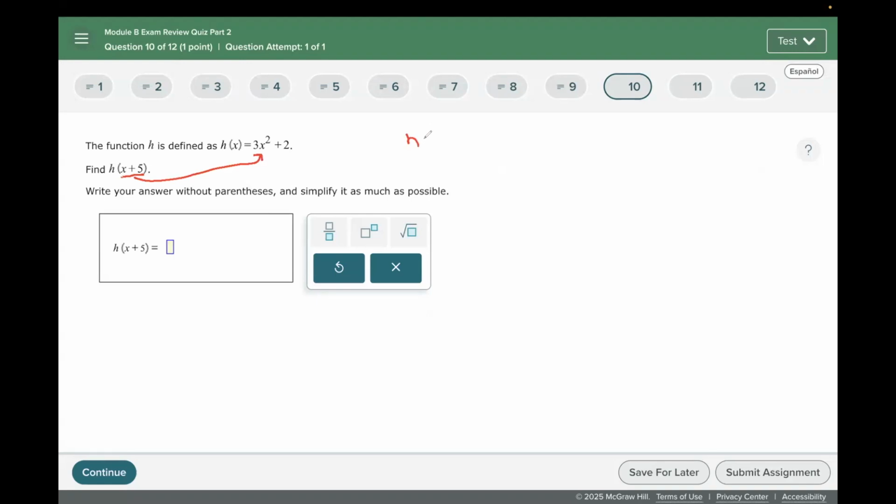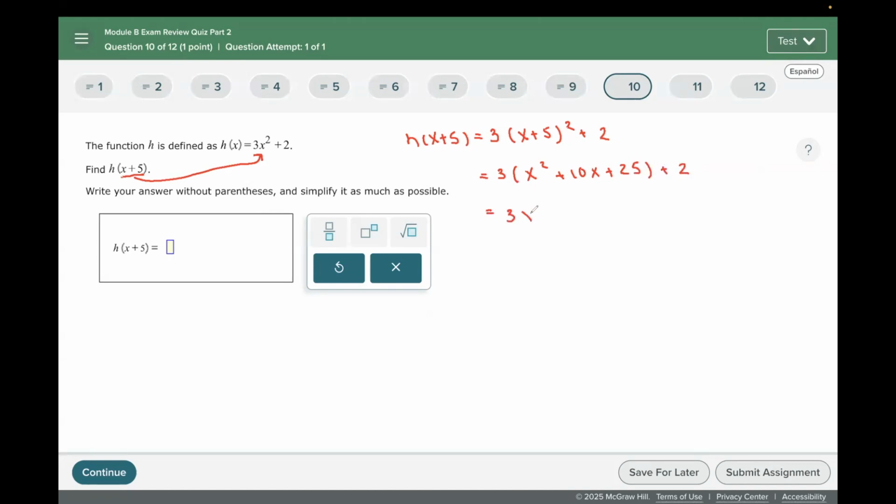So h of x plus 5 is equal to 3 times, now there's an x, I'm going to replace it with x plus 5. I need to square the whole thing and now add 2. So this is 3 times, now you could FOIL this, but I'm just going to write it out right away. So this is x squared plus 10x plus 25. And then this is plus 2.